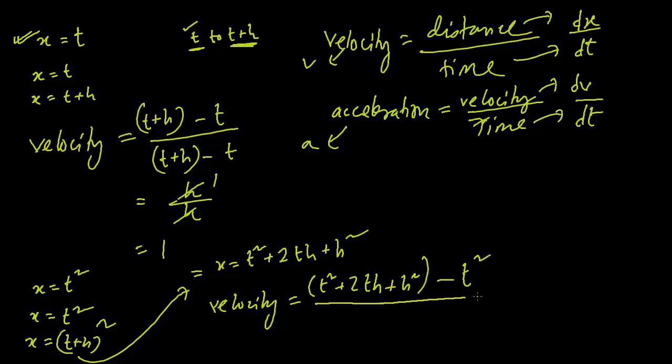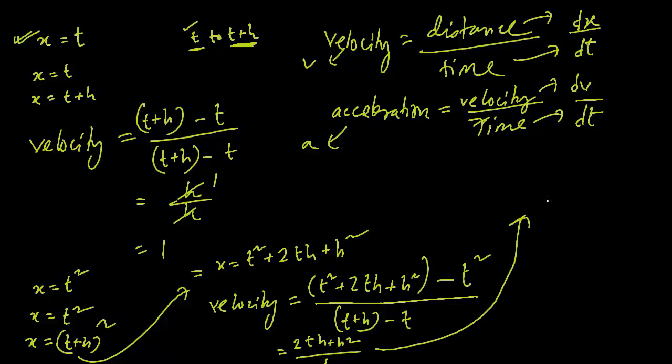Remember, displacement is expressed in terms of t. Now the change in time is going to be t plus h minus t. So upstairs, t square minus t square cancels out, so we get 2th plus h square, and this t and t cancel out, we get h. And this can be simplified by dividing with h.